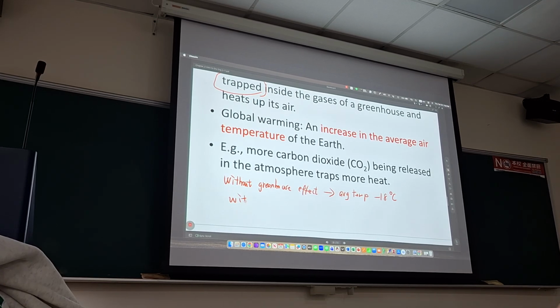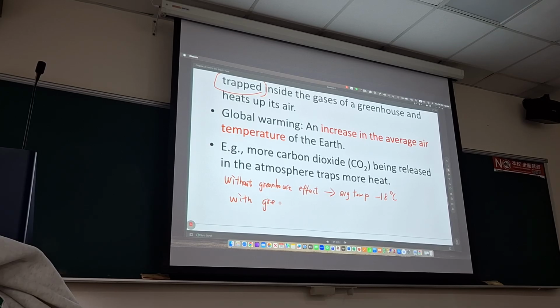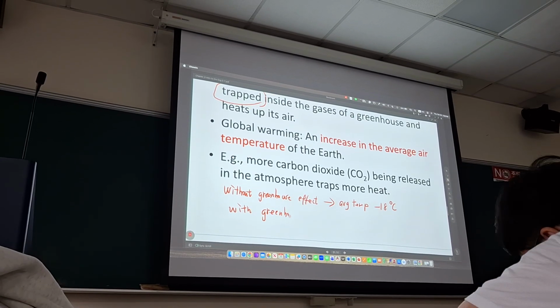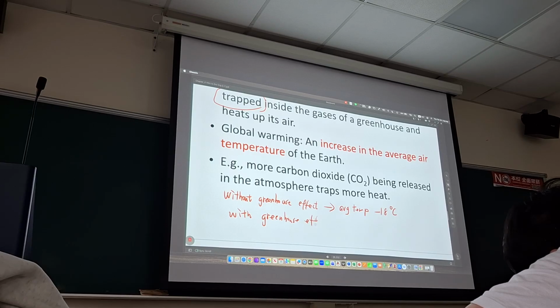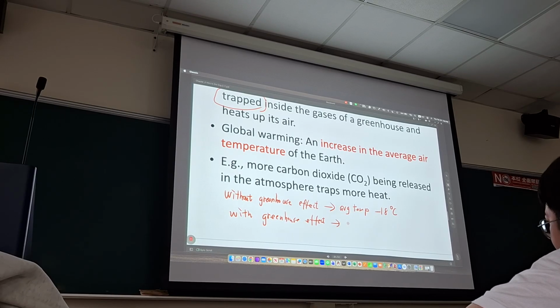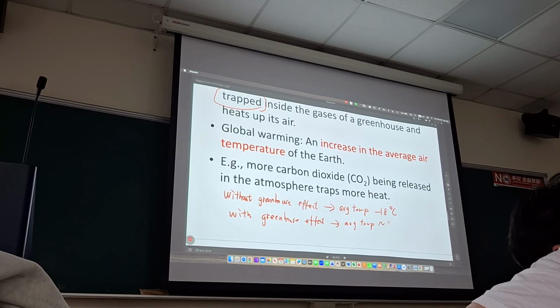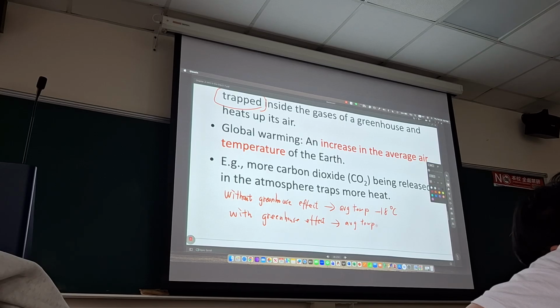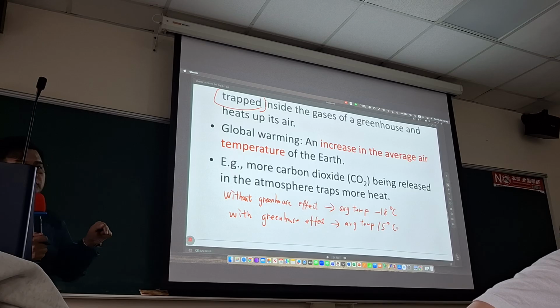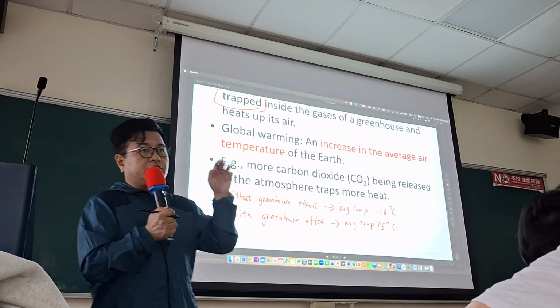With the greenhouse effect, the average temperature is around 15 degrees Celsius. You can see the difference, almost 30 degrees Celsius.